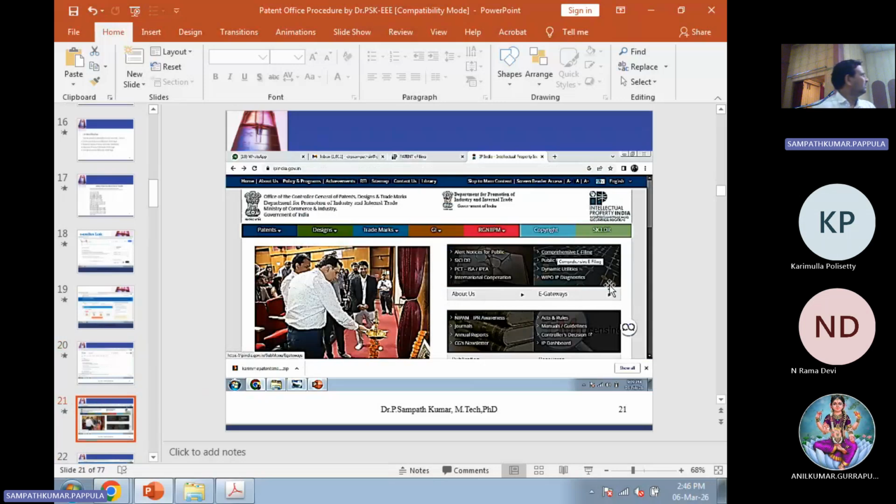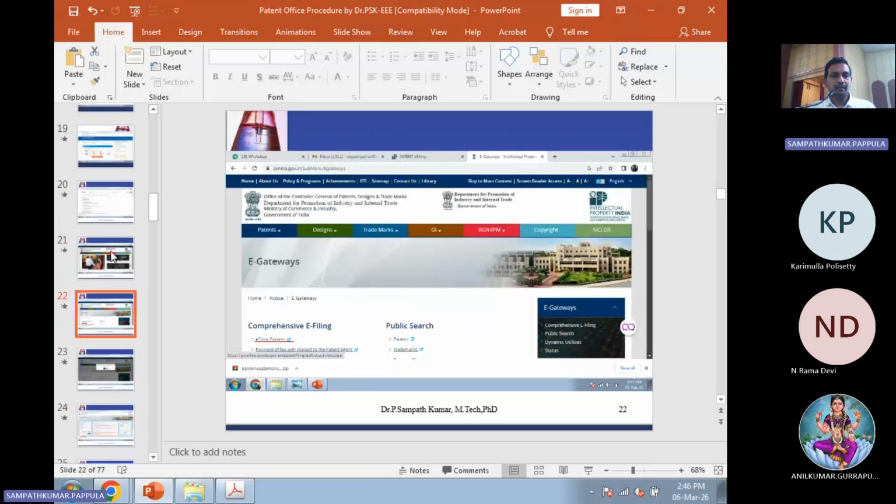So here, see this one, click the public, and in the particular window, you need to click it. We will get it in 1 minute. This one. So after that, filing patent. You need to click the filing patent, right?